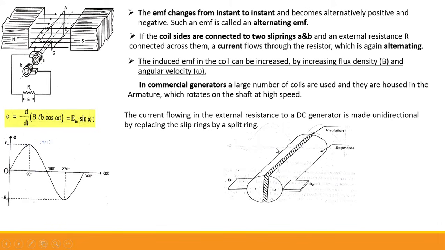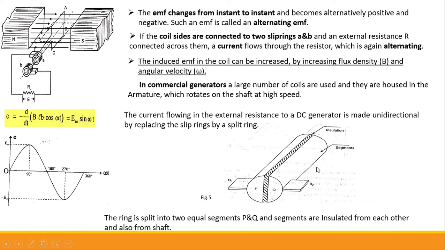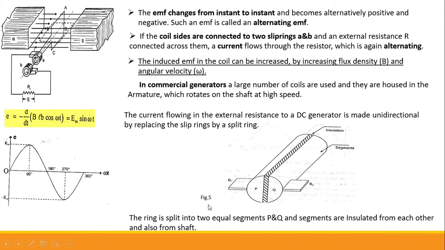Dear students, in practical conditions, any generator will produce only an alternating waveform. We have to provide a commutator to convert that AC into DC. So the diagram shown here is for the split ring. Look at the split ring diagram, that is figure 5.